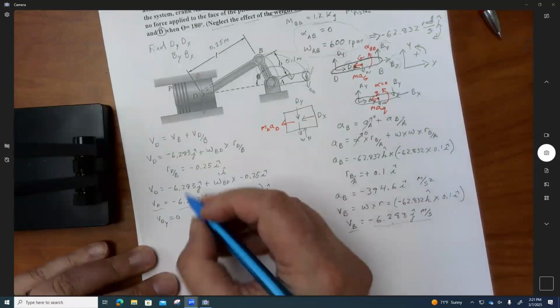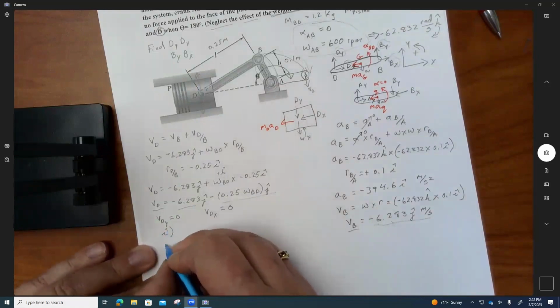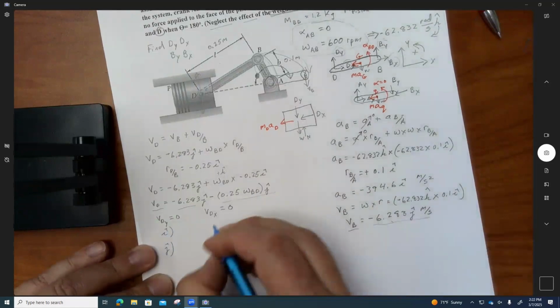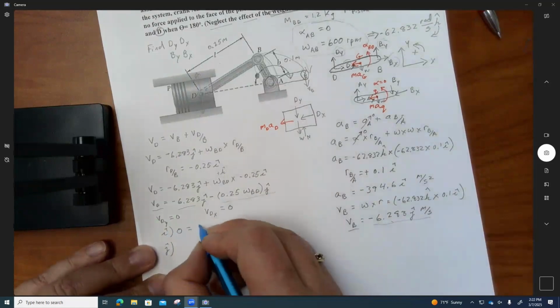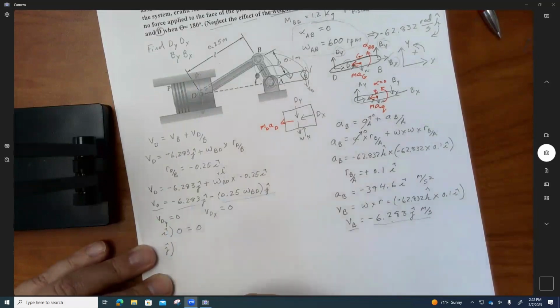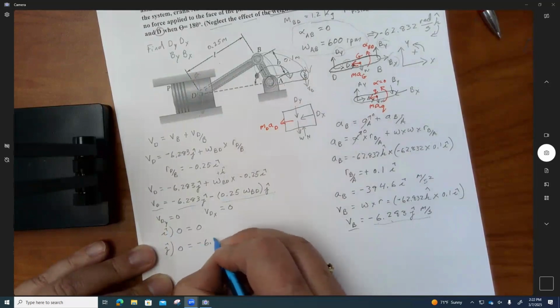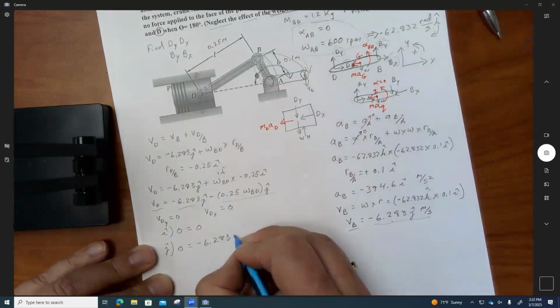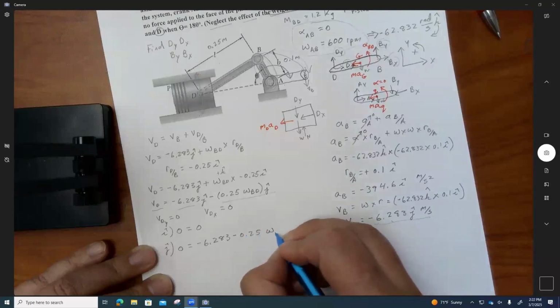And the velocity in the y direction is going to be 0. So we're basically breaking it into I and J components. If I have 0 equals 0, nothing in the I direction, and 0 is equal to minus 6.283 minus 0.25 omega BD.